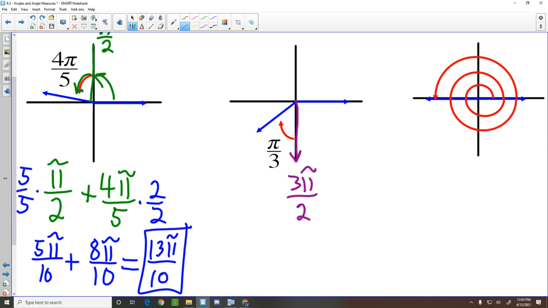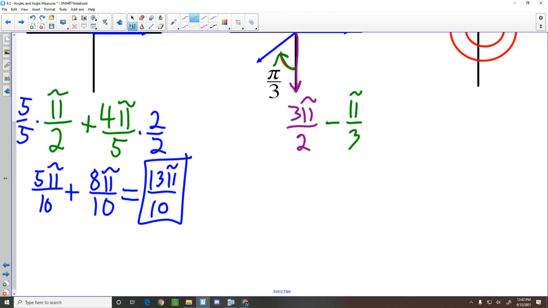So that's 3 pi over 2. But this measurement that's given to us, that pi over 3, is going backwards. That's in the negative direction. And so I'm not going to add that to my 3 pi over 2. I'm going to subtract it. So let's subtract pi over 3, because we're going backwards.